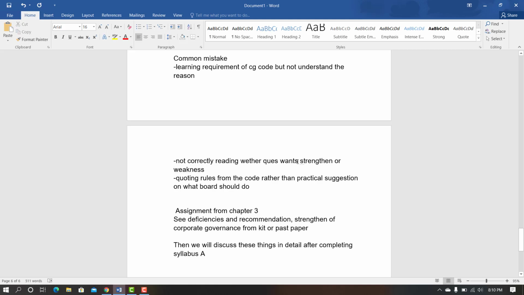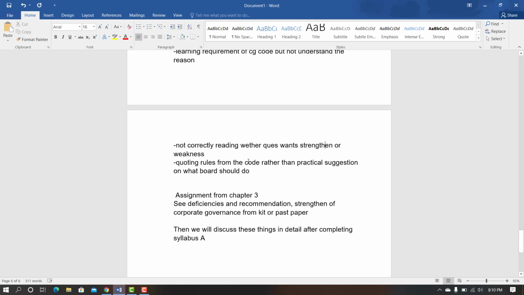So you should clearly read the questions. Next is quoting rules from the code rather than giving practical suggestions on what the board should do. Only knowing the code is not sufficient, as it will be asked in constructive response questions. You have to link with practical scenarios, not just rules from the code.